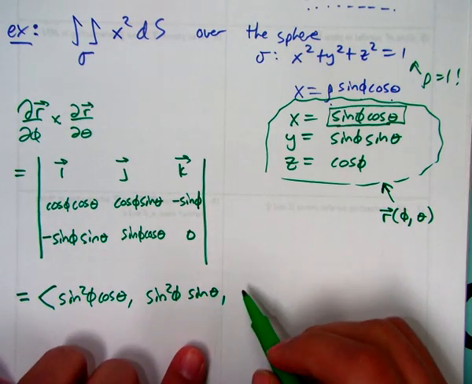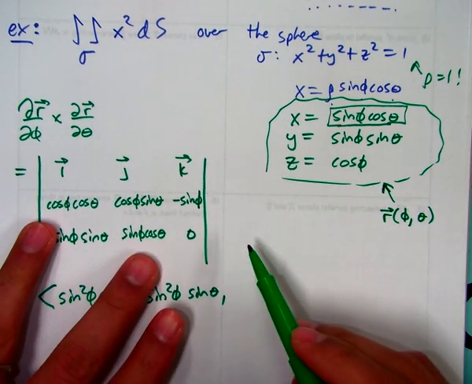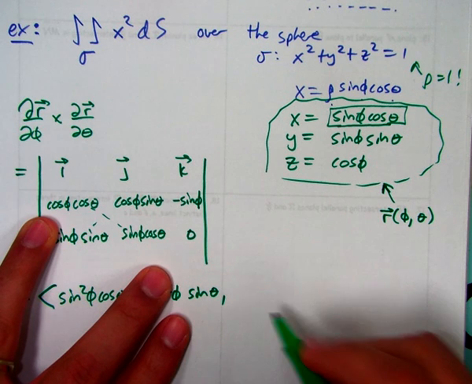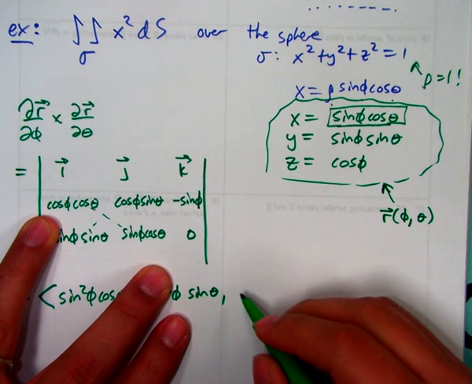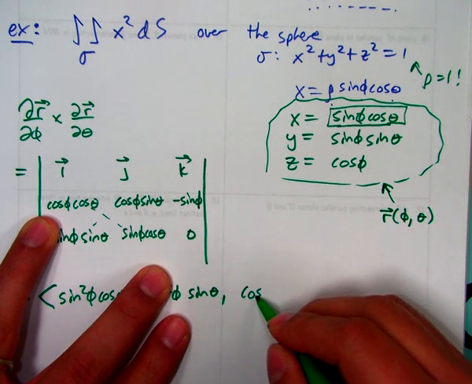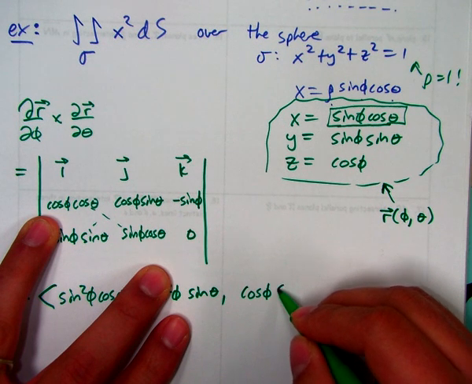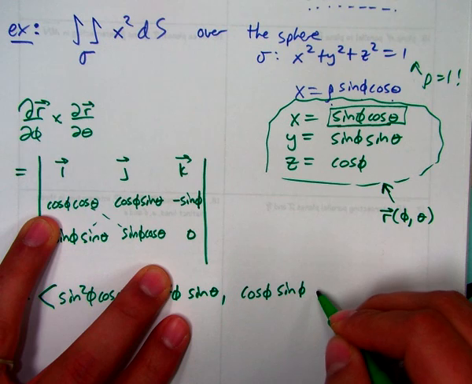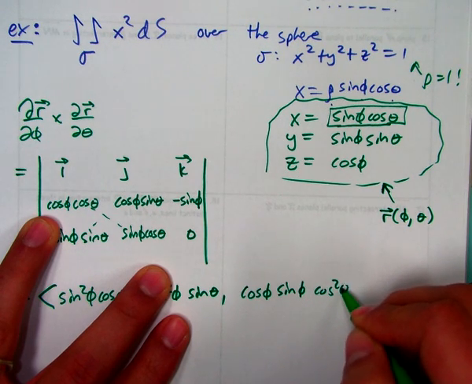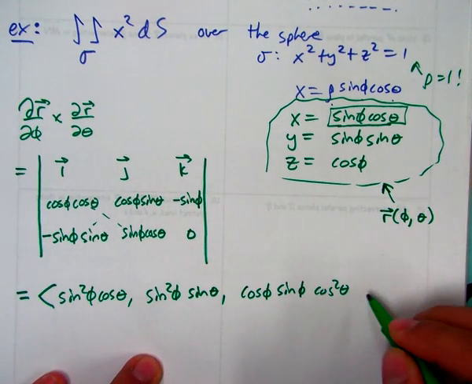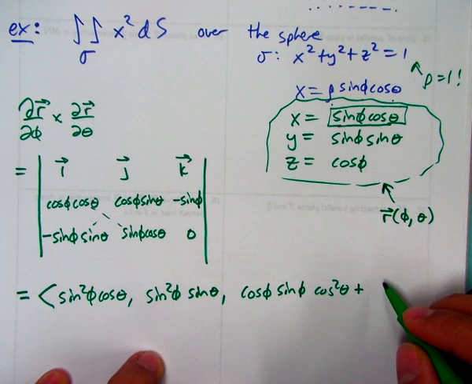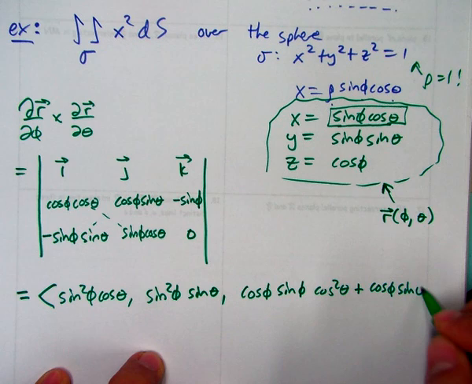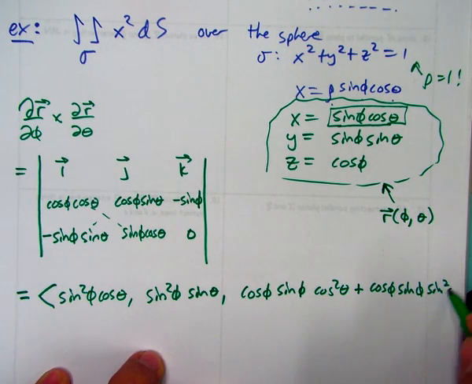And now the last component, we're going to take this product minus that one. So we get cosine phi sine phi cosine squared theta plus cosine phi sine phi sine squared theta.